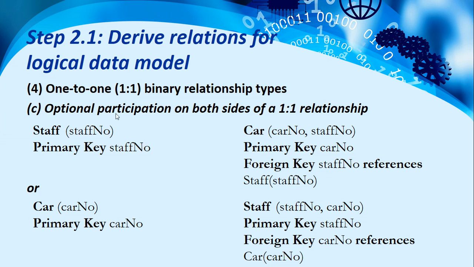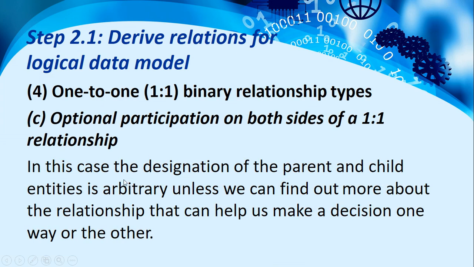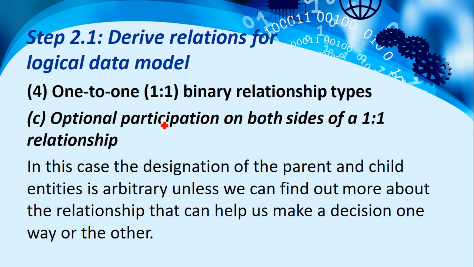So we are now at the optional participation on both sides of a one-to-one relationship. As mentioned, arbitrary yung pag in the case na meron tayong optional participation on both sides.